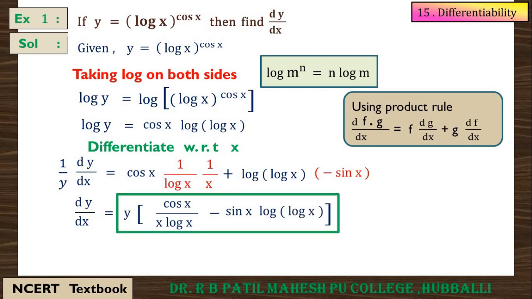In this solution, y you can substitute from the given log x raised to cos x, otherwise you can keep y as it is. This is not compulsory. So this is the way of finding the derivative using log property.